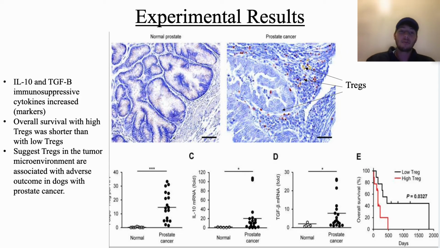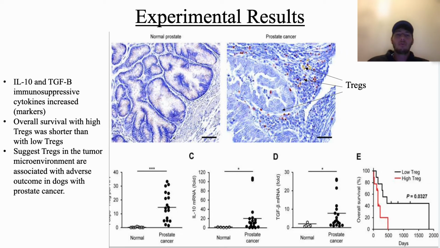On this slide, the two markers are IL-10 mRNA and TGF-B mRNA. These are immunosuppressive cytokines that are also increased when prostate cancer is present. I don't want to go too deep into that because it's not that important in this experimental study.